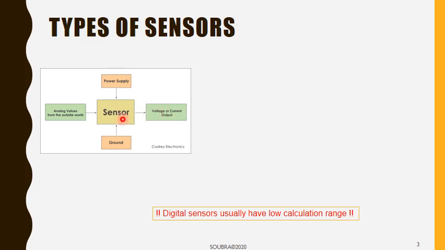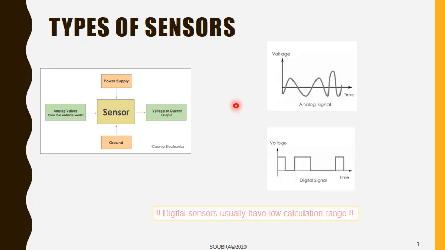So yeah, the types of sensors out there could be analog ones, and then we can have digital ones. Analog ones are usually spitting out raw voltage, raw data, in the sense that it's not sampled, it's not honed, it is raw.